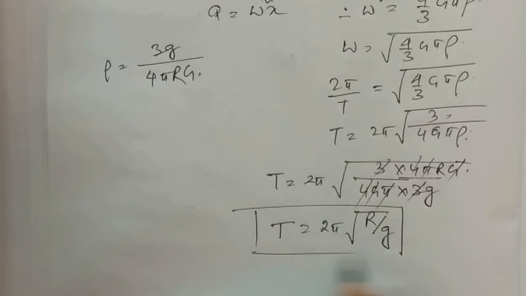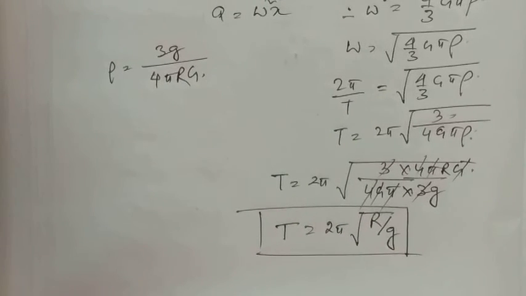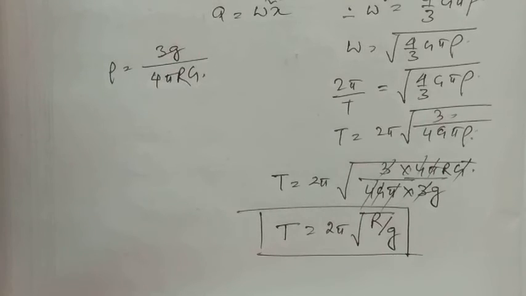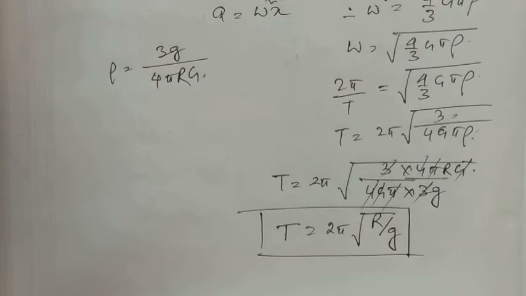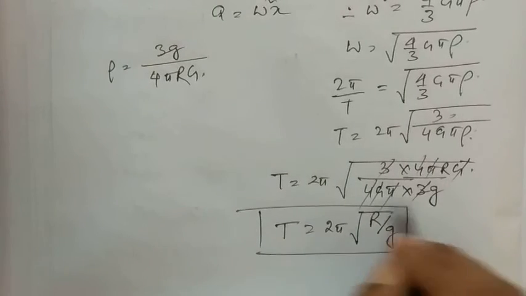So the time period of a body moving down an imaginary tunnel through the Earth's center is 2 pi root over R by g.